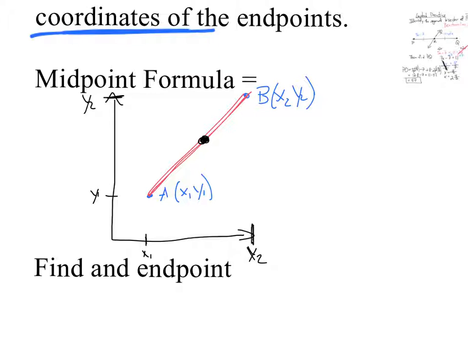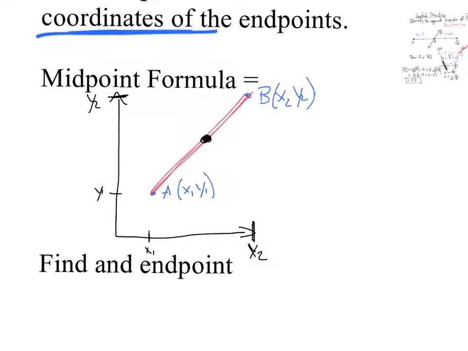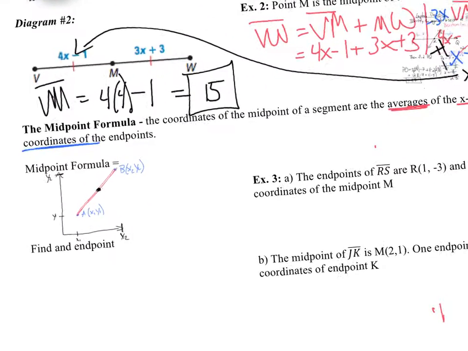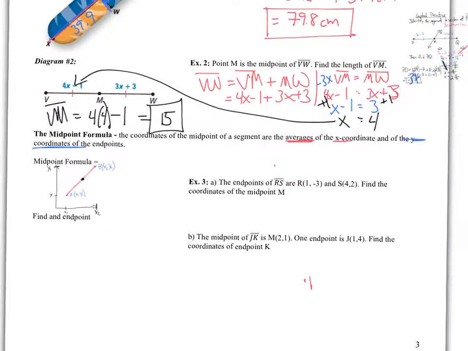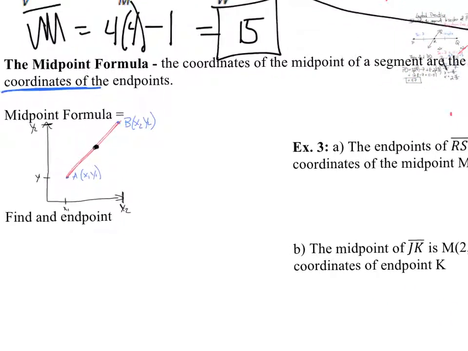So the midpoint is the average, so let's go back and look at this. The midpoint is the average of the x coordinates and the average of the y coordinates.